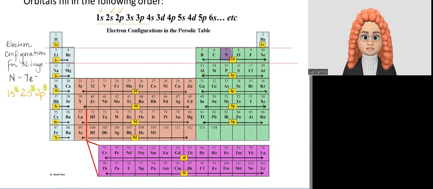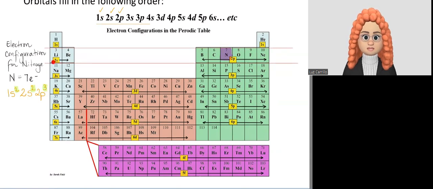And then starting on the first level, I can observe that in the first row, which is where I have 1s, I have 2 boxes. That's where the 1s2 comes from. On the second row, I can see that I start from left to right.